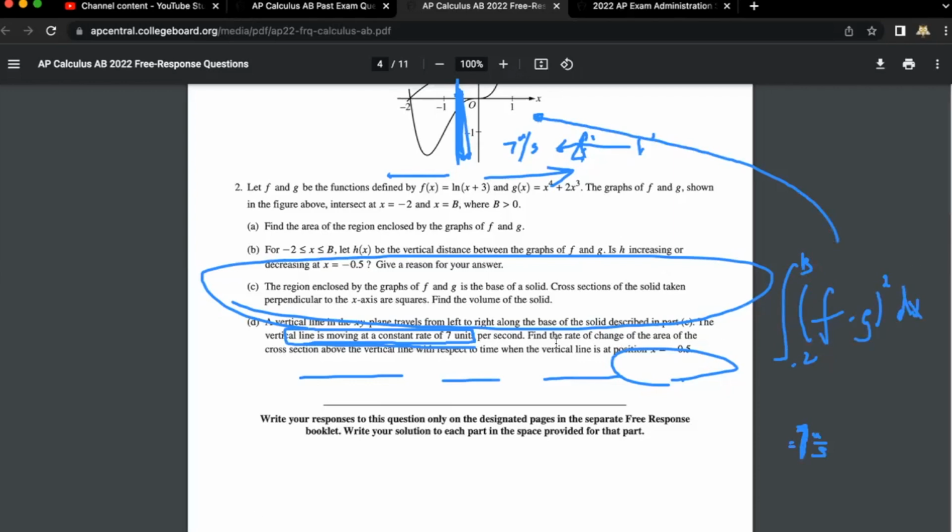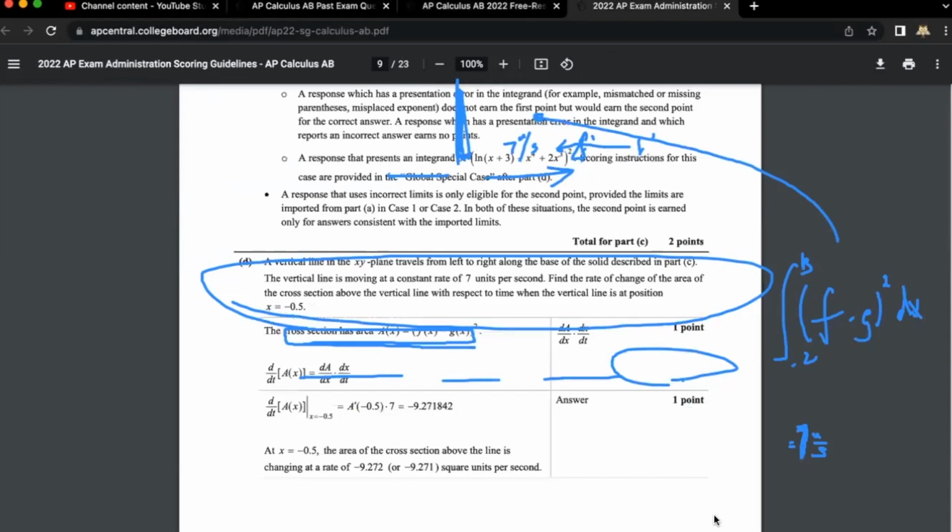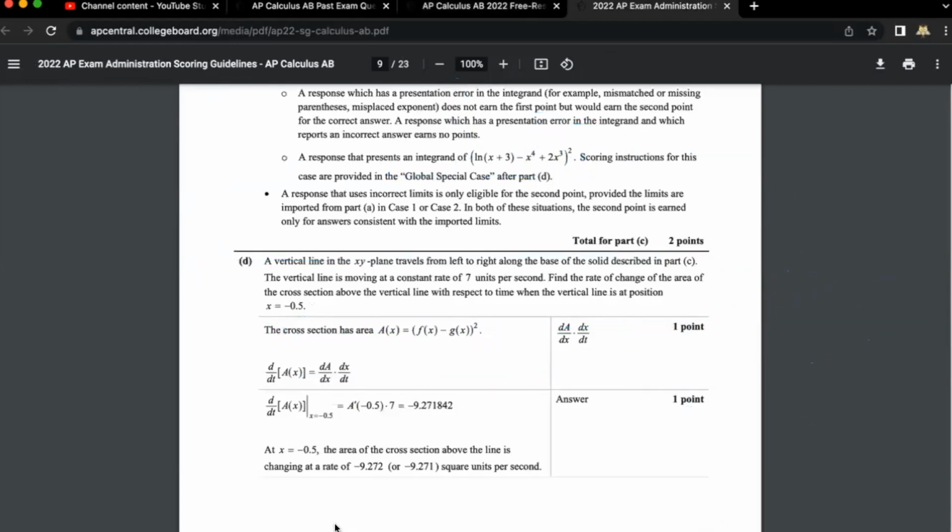So, real quick. We start with our area, okay? And what we're doing here is we're finding the rate of change of it, okay? That's why we're finding the derivative of this area, right? dA dx.